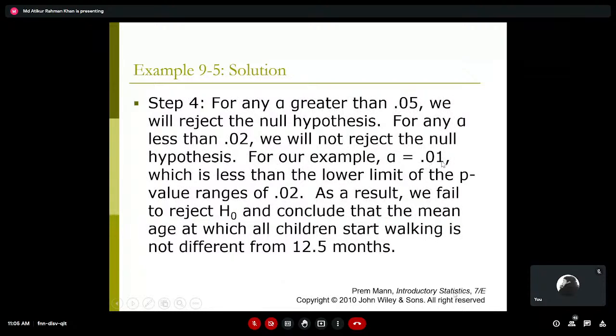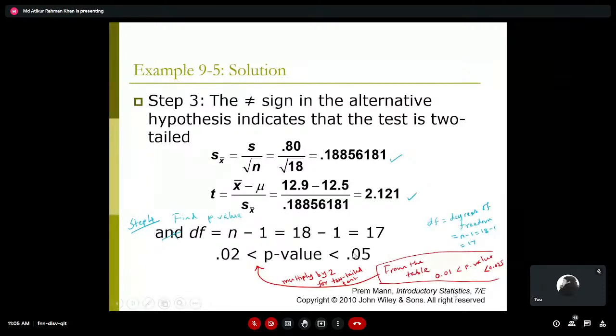For our example, alpha equal to 0.01 is less than the lower limit of the p-value range of 0.02. As a result, we fail to reject the null hypothesis and conclude that the mean age at which all children start talking is not different from the claimed value. So we essentially compared both of them.